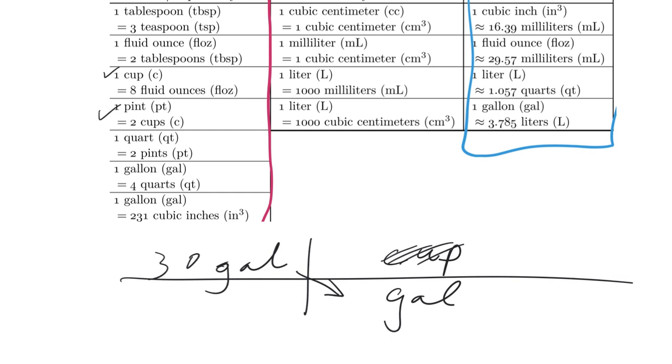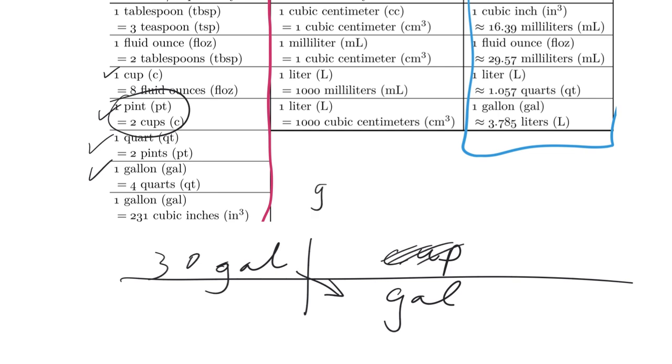Okay, so what I'm going to have to do is go from gallons to something that's not as small as a cup, but the next smaller size. So in a gallon, there's 4 quarts, right? Okay, I'm going to use that. And then I'm going to go from quarts to pints. And then because cups has pints, there is a conversion for cups and pints. That's what I'm going to do.